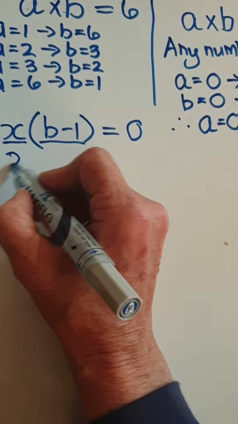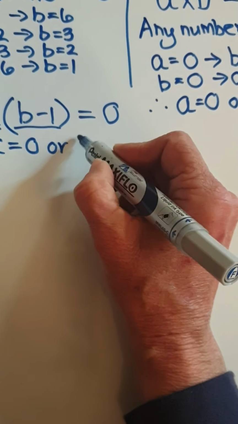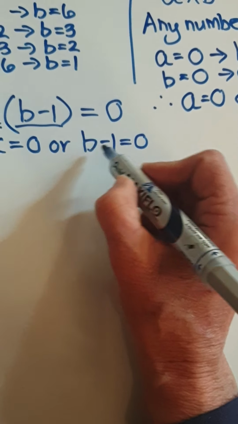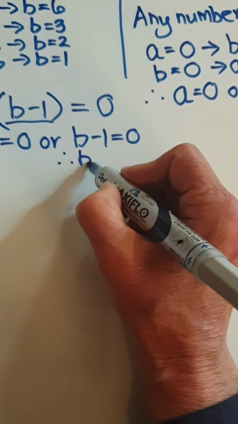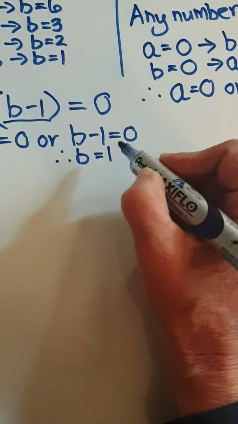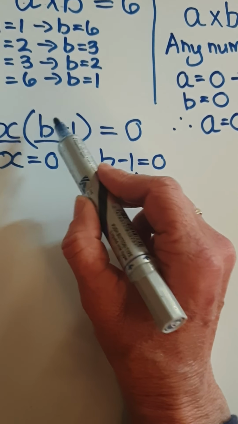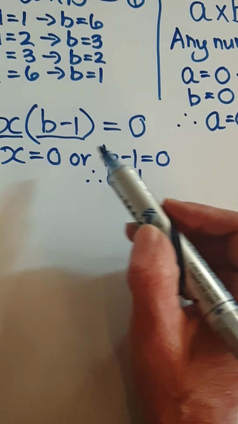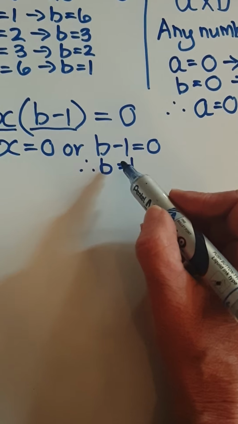So either x must be 0 or the bracket b minus 1 must be equal to 0. And when will this be 0? If b is 1, then the bracket will become 0, because 1 minus 1 gives you 0. So there's my solution. Either x must be 0 or b must be 1.